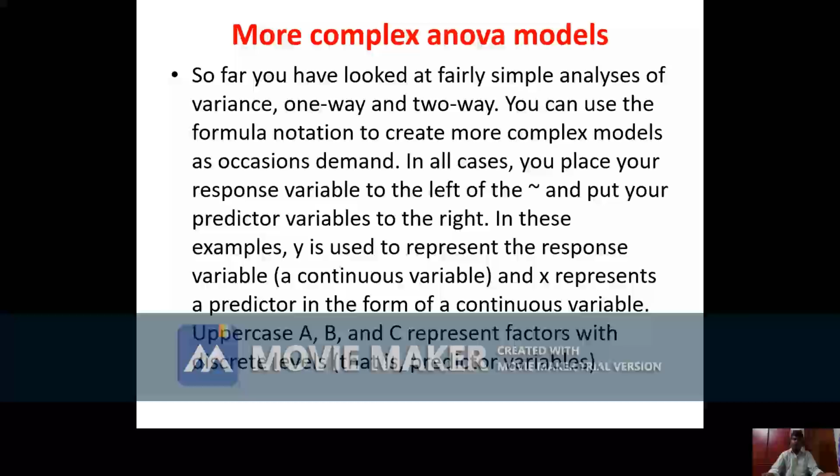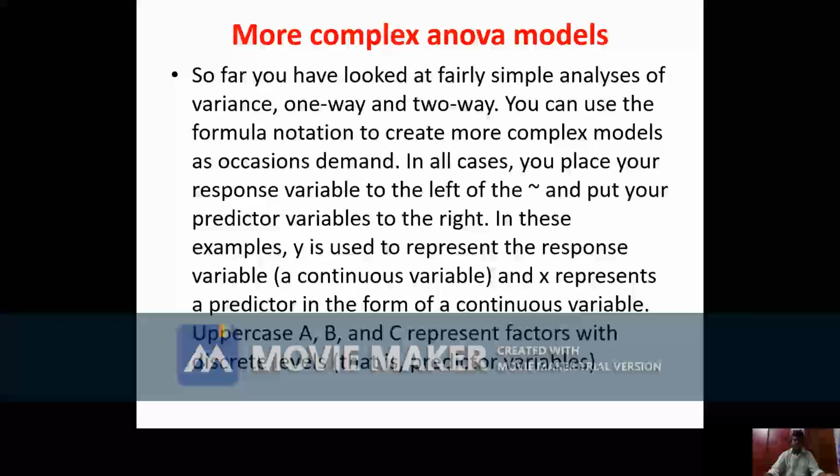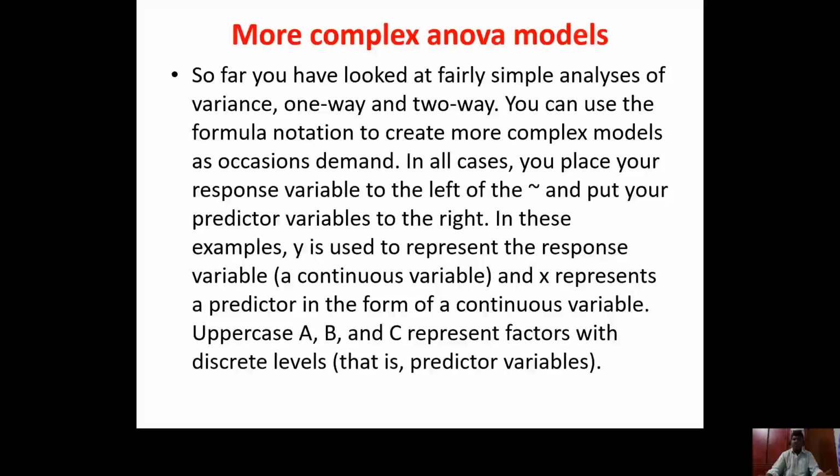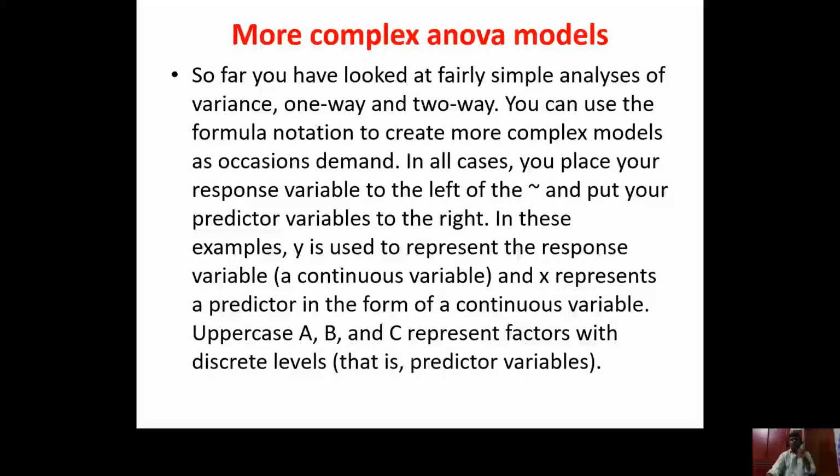It is a continuous variable, and x represents a predictor in the form of a continuous variable. It is specified in the x direction. Uppercase A, B, C represent the factors with discrete levels, that is, predictor variables. Now this is about the more complex ANOVA models.